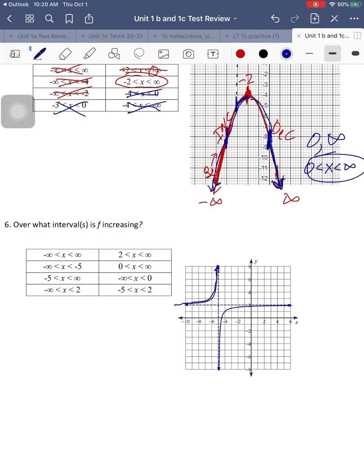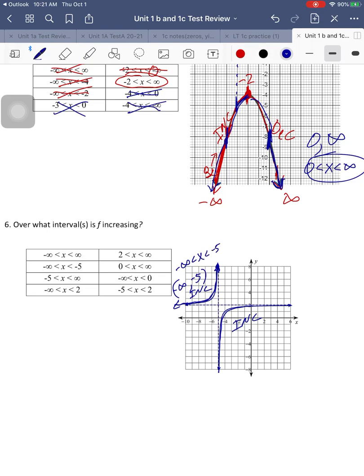All right, over what intervals is f increasing? So from left to right, label it first. Well, that's increasing. And left to right, that's also increasing. So every part of our graph here is increasing. And so we have, from left to right, this portion is increasing from -infinity to -5.